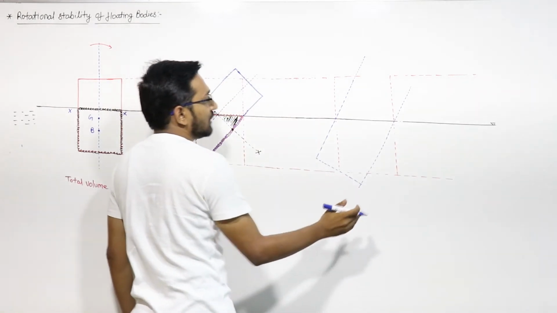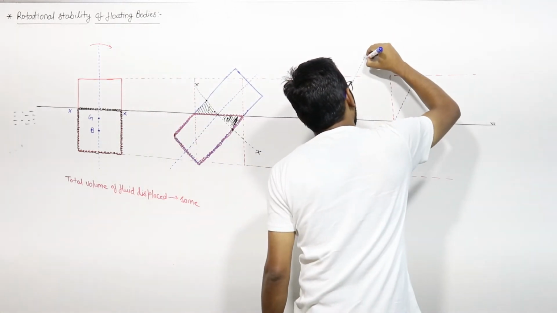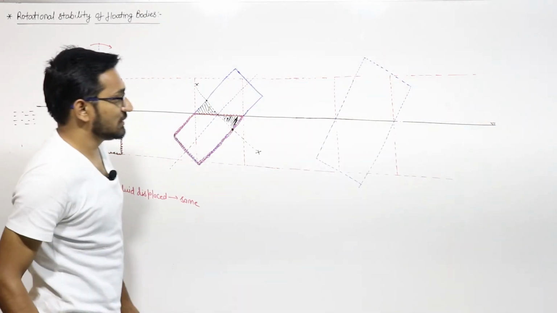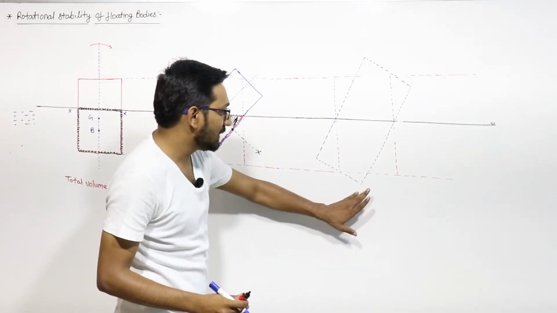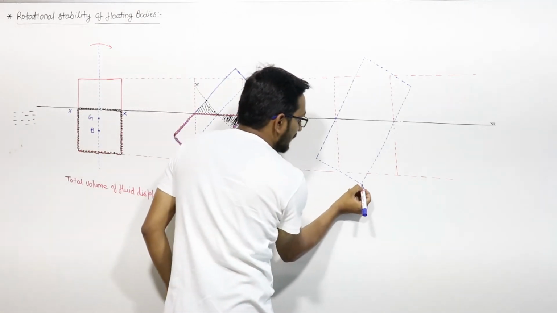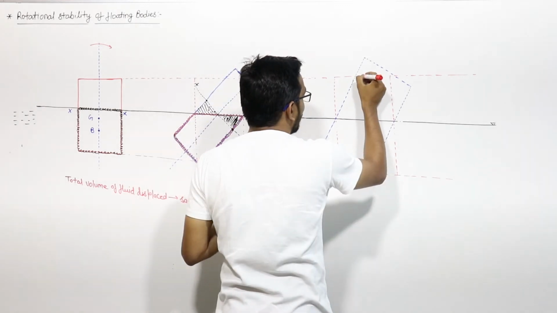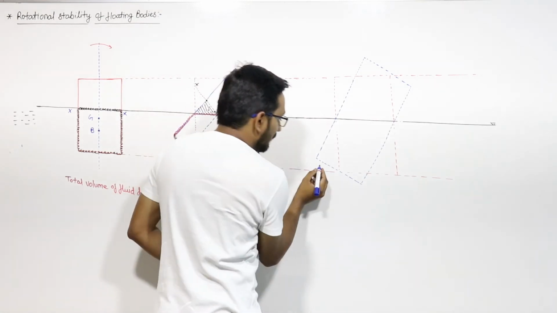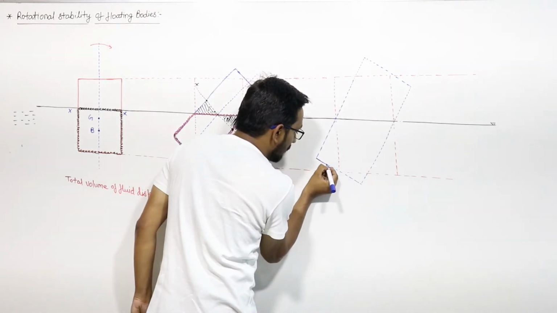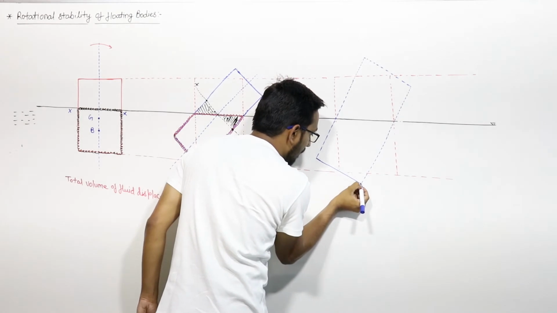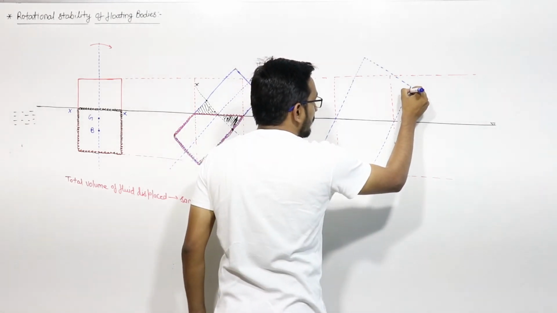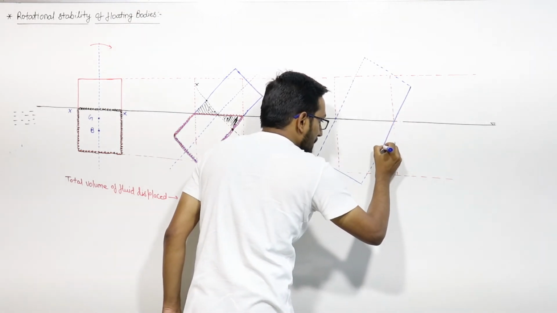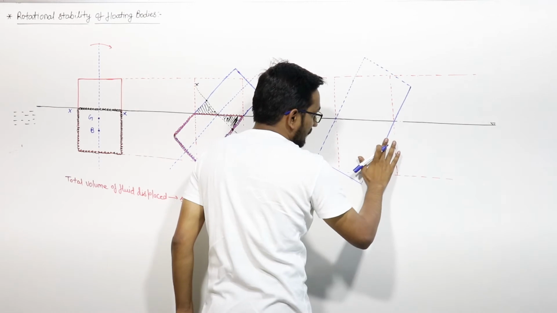This is the shape of the body after tilting. Now we have to see where is the center of gravity and center of buoyancy. We'll highlight it. This is the body.